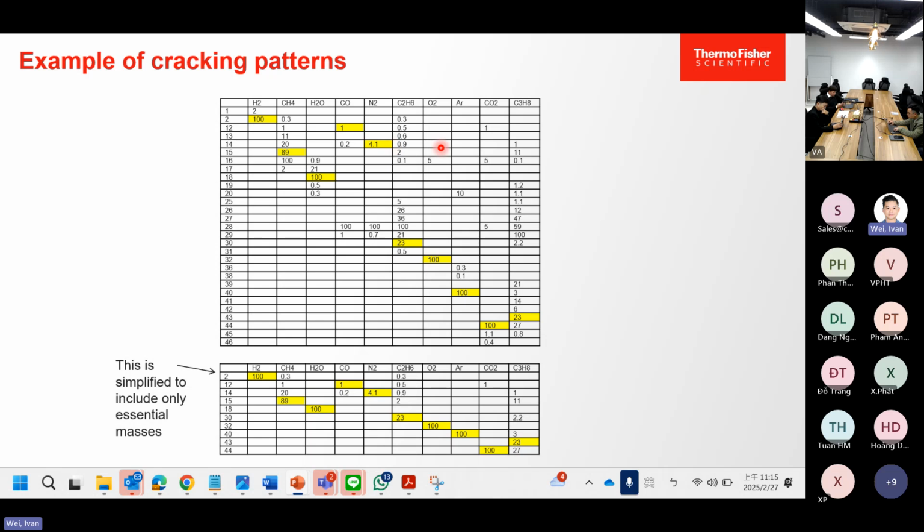That has the least interference, so we can select 14 for N2. For C2H8, at molecular weight 30s, there's a higher chance of it occurring. So that's where we set our index or our targets, the molecular weights for these particular gases.